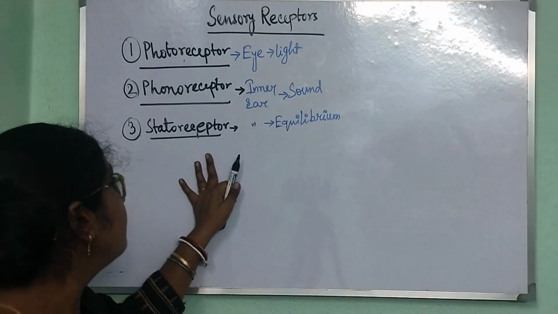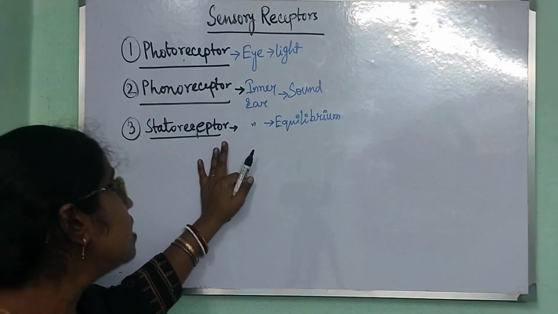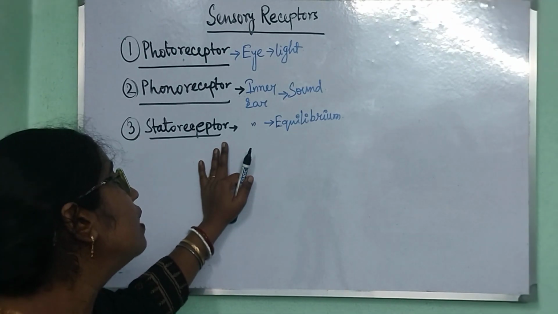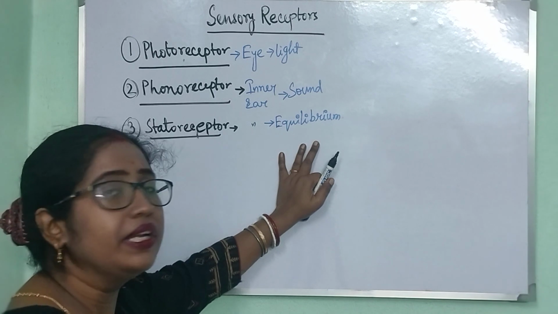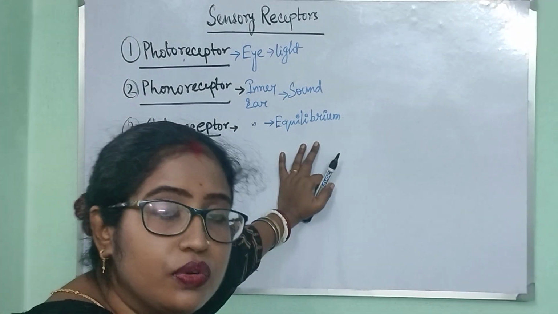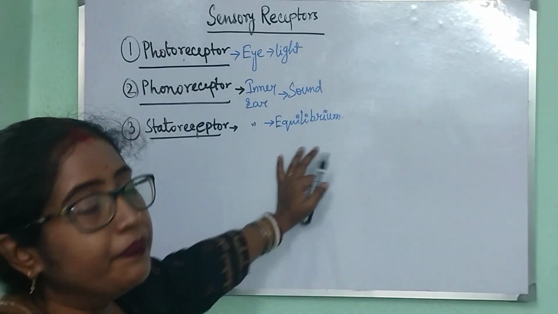So the statoreceptors are those kinds of receptors which are situated in our inner ear and help to maintain the equilibrium position of the body.